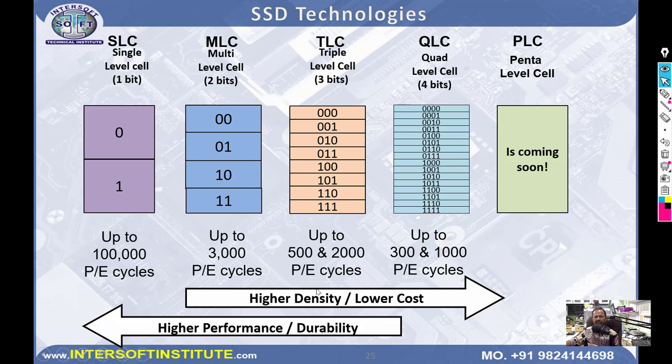So here is high density, lower cost, and high performance, but durability suffers. Like you see in hard disk SMR drives, where storage is more complicated, then problems come more. If it is less complicated with less storage capacity, then its strength is higher.